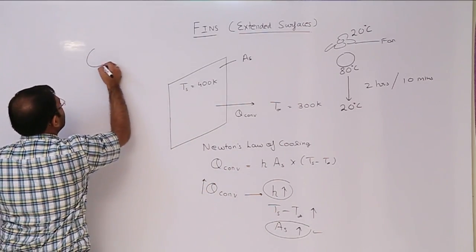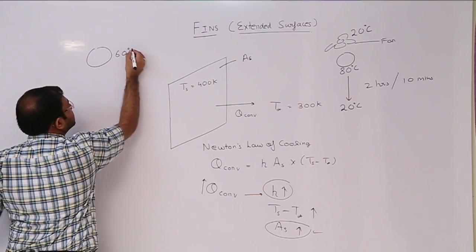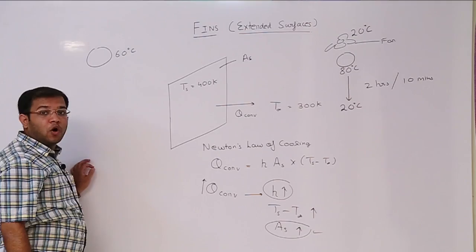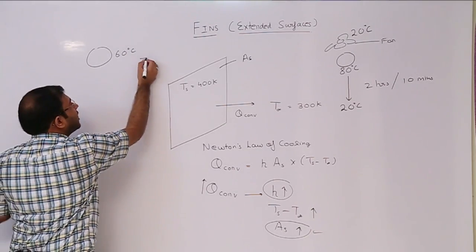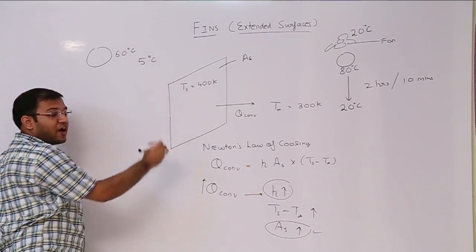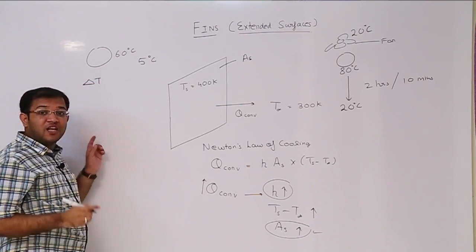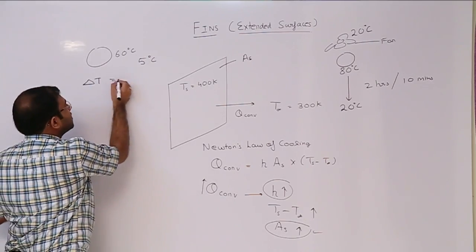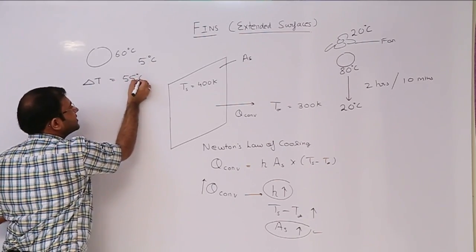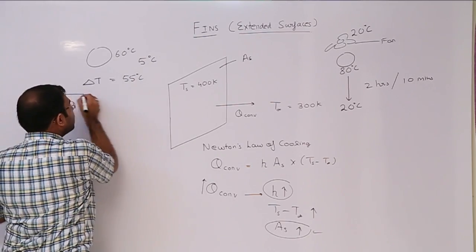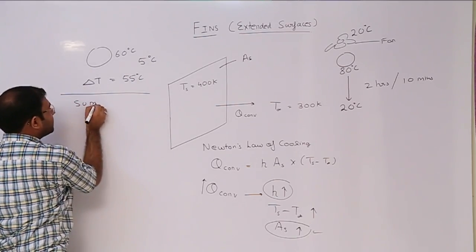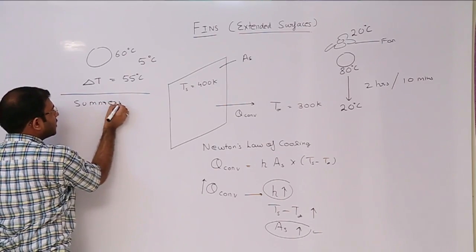Consider a body at 60 degrees Celsius. When this body is placed in winters, the surrounding temperature is around 5 degrees Celsius. So the temperature difference available for heat transfer is 55 degrees Celsius. However, when this body is placed in summers, what will happen?